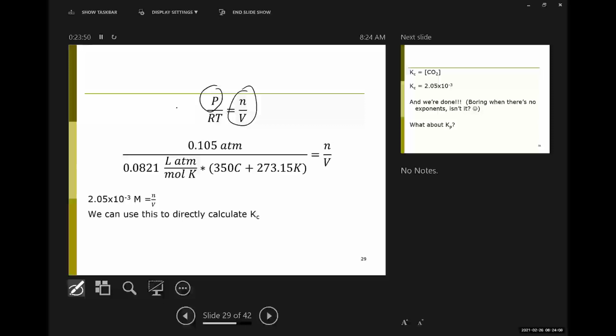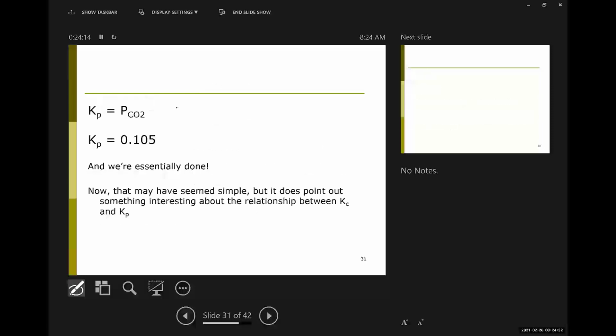In fact, the only difference between my pressure and my molarity is RT. And of course, R is the gas constant. I know that. T I also have to always know for an equilibrium, because equilibria are temperature dependent. And so it is very straightforward to go back and forth between Kp and Kc.